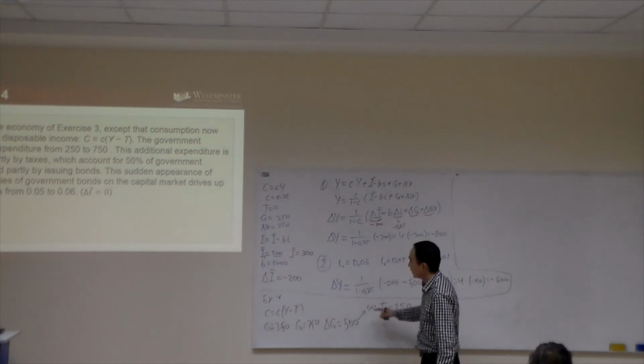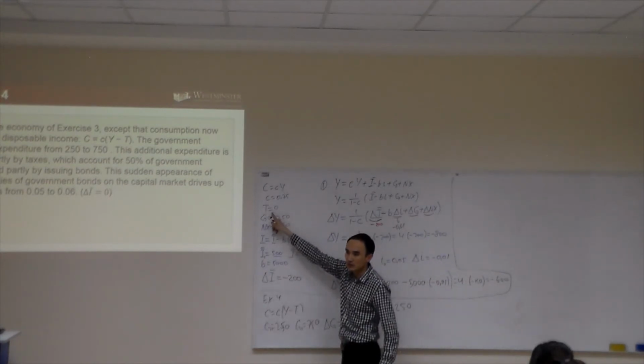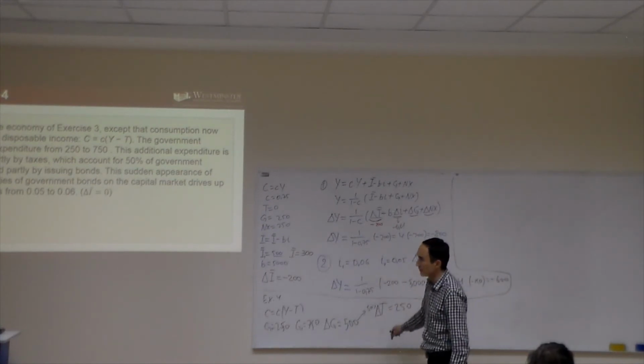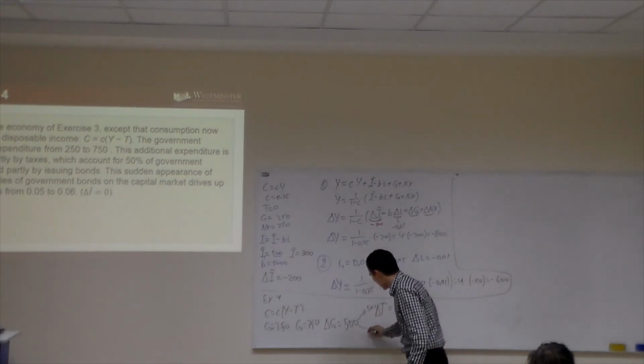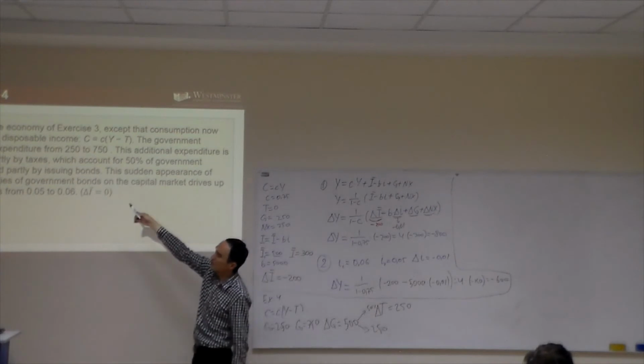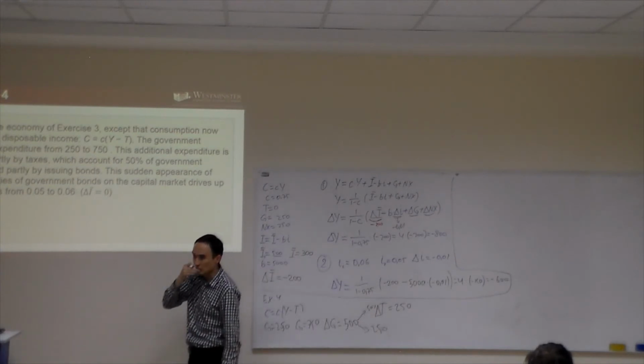Initially it was 0, so the change in tax is 250. What about the remaining 250? Where does it come from? It comes from issuing bonds. The government is issuing bonds.